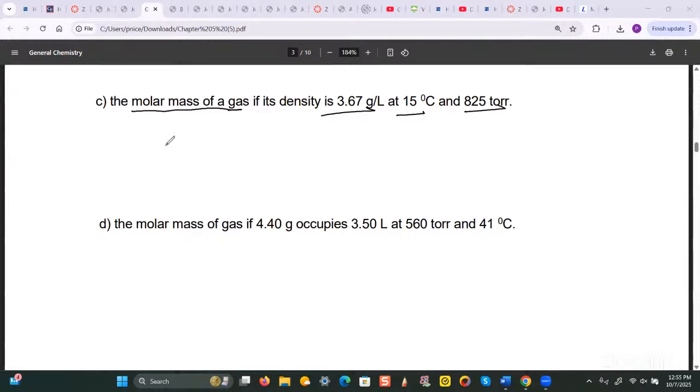So what equation relates the molar mass, the density, the temperature, and the pressure?